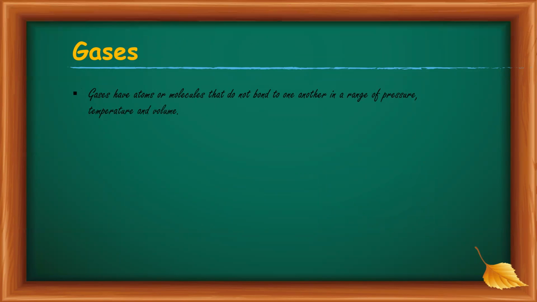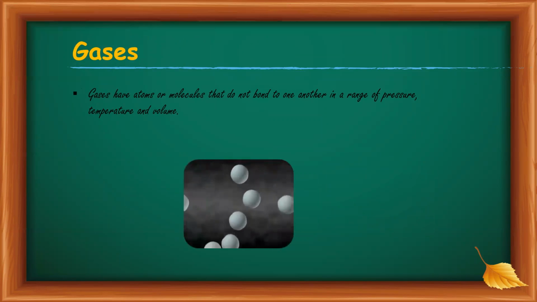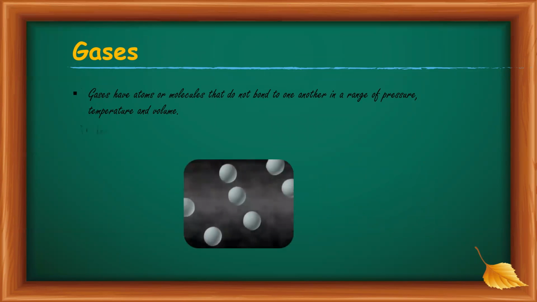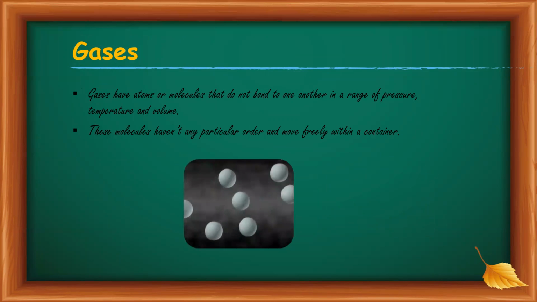Now, about gases, we know that gases have atoms or molecules that do not bond to one another in a range of pressure, temperature, and volume. These molecules haven't any particular order and move freely within a container.